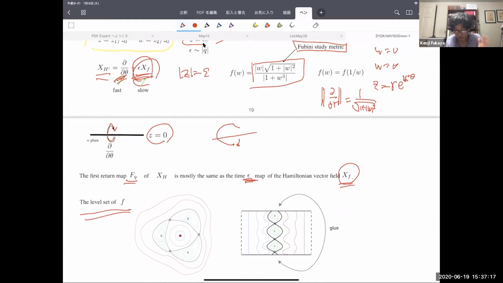That's easy, one complex variable. You have this picture, and these 3 points are critical points, and this point is something like 1 plus w cube is 0. So actually, you need to blow up this base locus, and these 3 points are exactly what you need to blow up. So the dynamics is something like this.